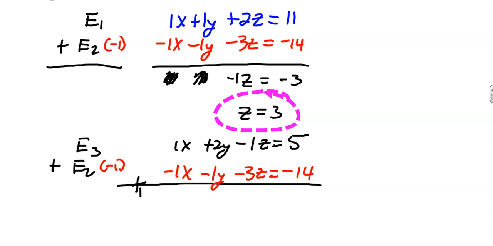Okay, and again, this one we're not going to get rid of x and y twice. This time we're going to have an x. The x will be gone because that's 0, and that's what we wanted. We're going to have 1y minus 4z equals -9.